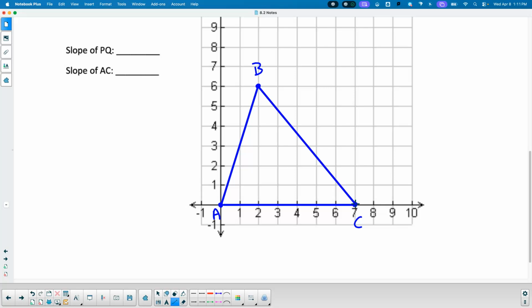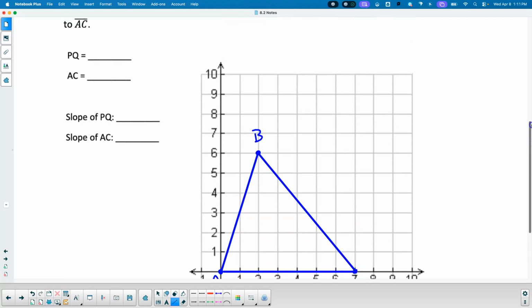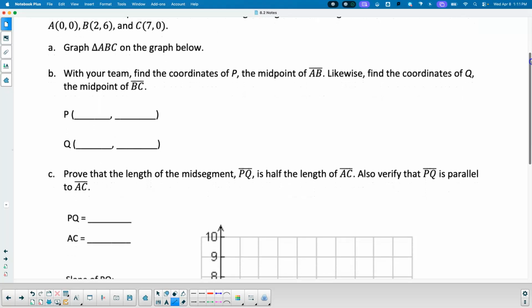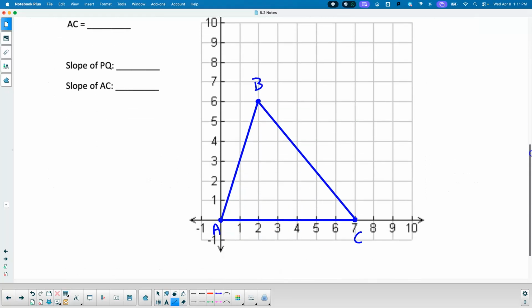Get that drawn in. All right, so we got that one going on, which is good. So then it said graph that. We did that. Find the coordinates of P, which is the midpoint of AB. Well, if I use a slope triangle for AB, I rose 6 and I ran 2.